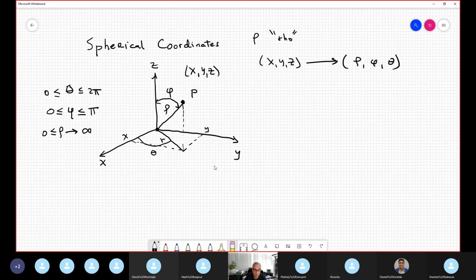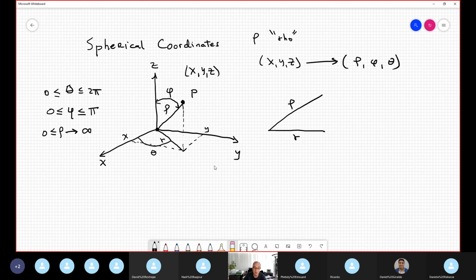So basically, let me try to understand this. Suppose we have R. Okay, R is this segment. Look. Wait a sec. Okay, this is R. This segment is R. This is rho.